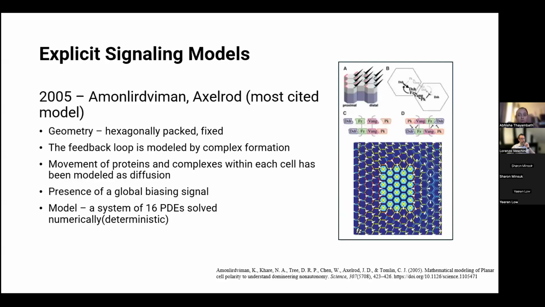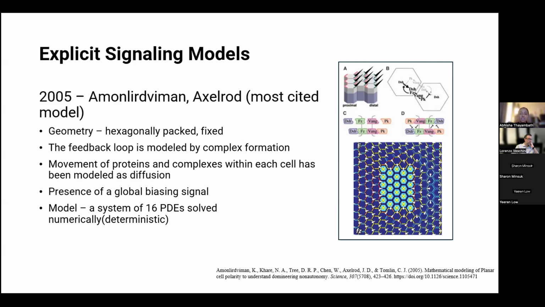Here is an example of an explicit signaling model. This is a reaction diffusion partial differential equation based model and simulation that fully reproduces PCP phenotypes. The geometry involved in this model is basically hexagonally packed cells that are fixed in the lattice. Then you have movement of proteins and complexes within each cell that is modeled as diffusion. Then there are feedback loops that arise from interactions of PCP proteins within and between cells, and that is sufficient for the local alignment of PCP complexes between small groups of cells.